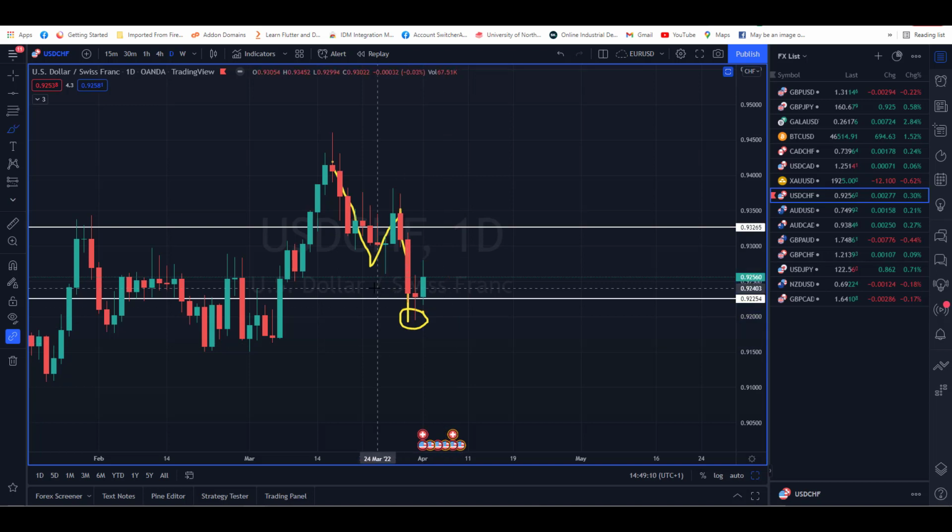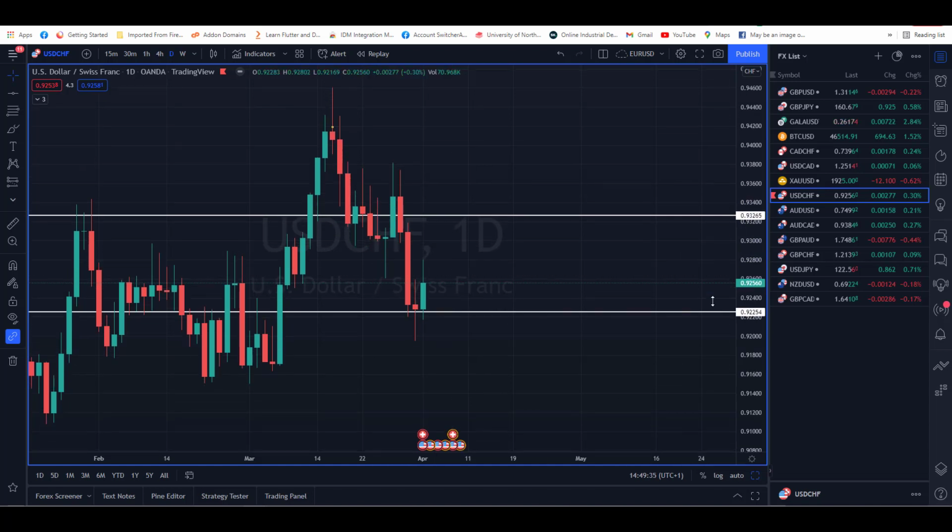The exciting thing for us is we have a green candle showing some bullish strength. Will the candle continue when the market resumes? I'll have to see that by going down to lower time frames and seeing further price action.